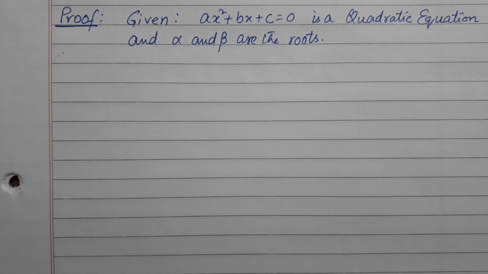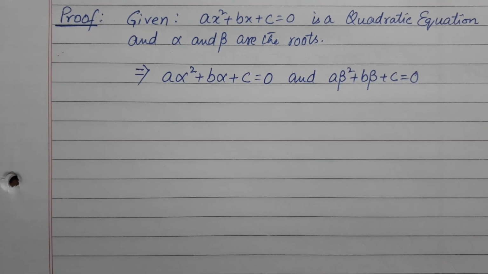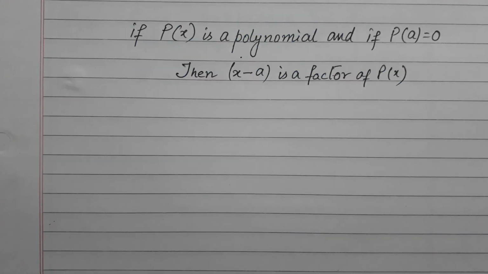Here it is given that ax square plus bx plus c equals to 0 is a quadratic equation, and alpha and beta are the roots of this quadratic equation. Then immediately we can write a alpha square plus b alpha plus c equals to 0, and a beta square plus b beta plus c equals to 0. Now we know from the factor theorem that if p(x) is a polynomial and if p(a) is equals to 0, then x minus a is a factor of the polynomial p(x).